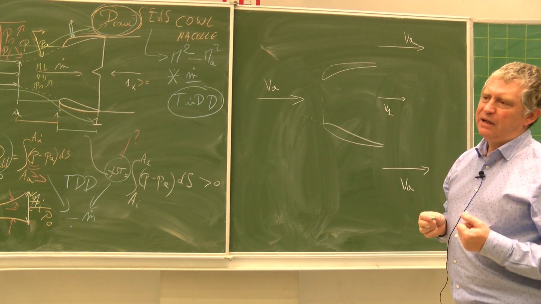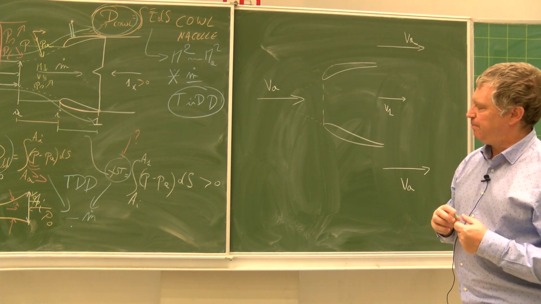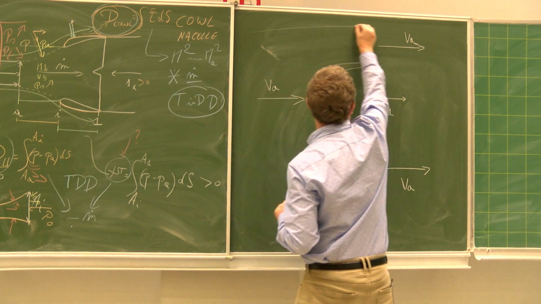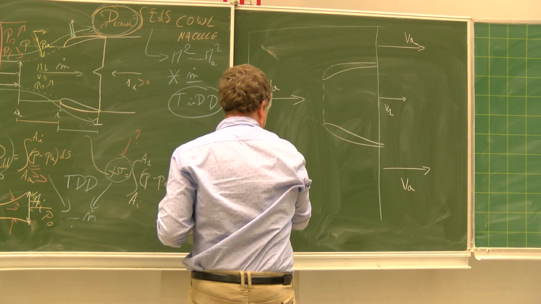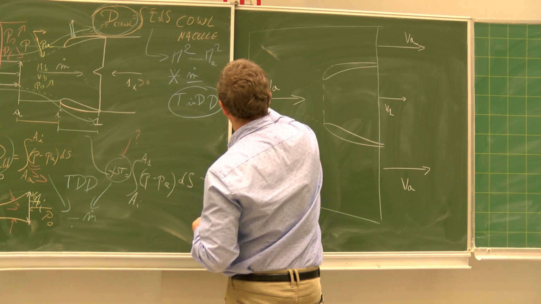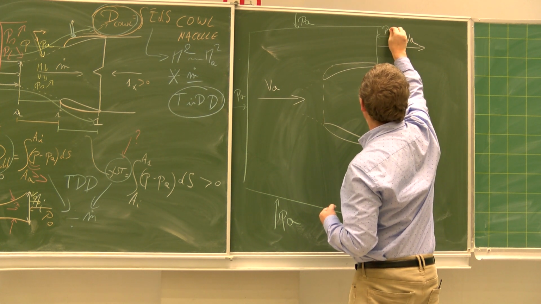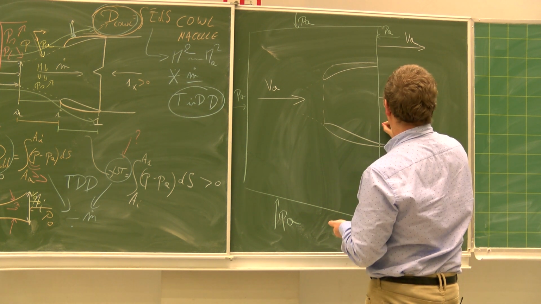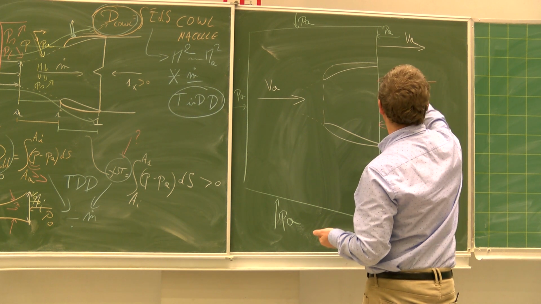And if you want to apply the theory of the impulse, or the quantity of movement, you need to put a surface here that is far away enough from the system so that everywhere around the system you will have the pressure PA, and here of course you will have the pressure P1 that is higher because you have reduced the speed compared to PA.